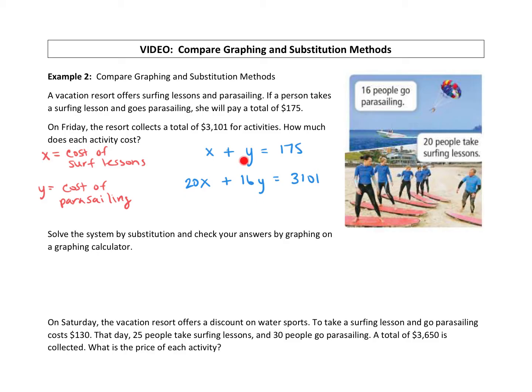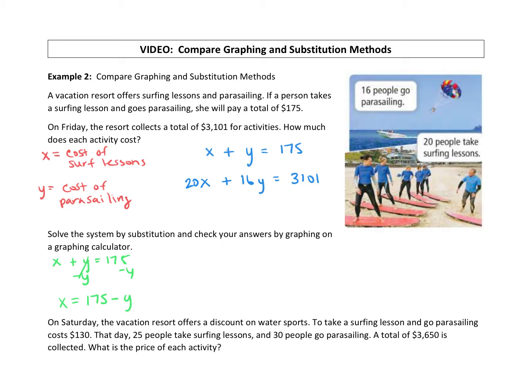So up here we have x plus y equals 175. Let's isolate either the x or the y. Maybe I'll isolate the x by subtracting y from both sides. So x equals 175 minus y.